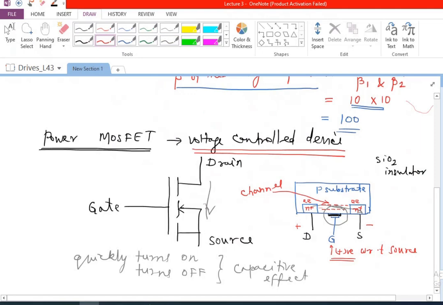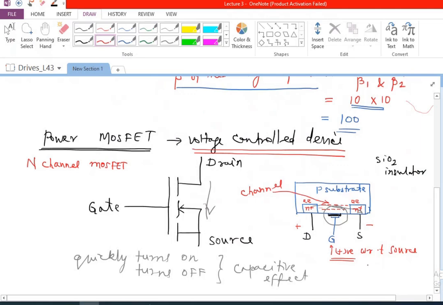And invariably what we see normally in the market are N-channel MOSFETs because the electron mobility is much better. As a charge carrier, generally electron actually moves very fast, and that is the reason why generally N-channel MOSFETs are the ones that are present in the power semiconductor device area.